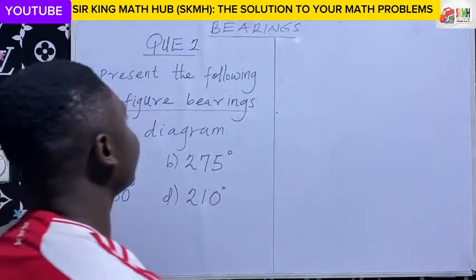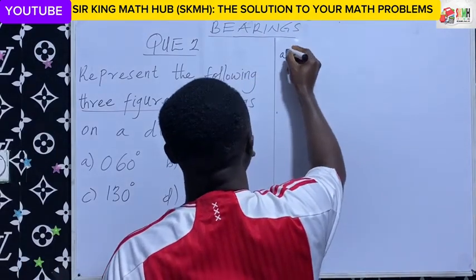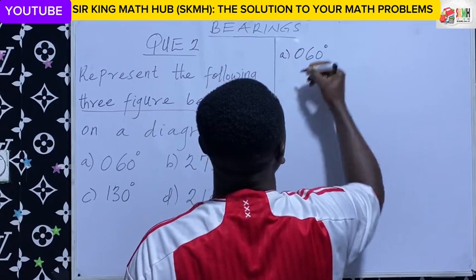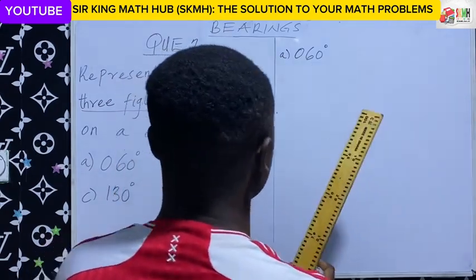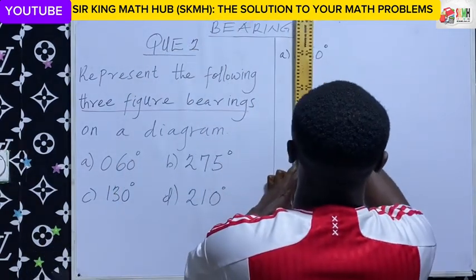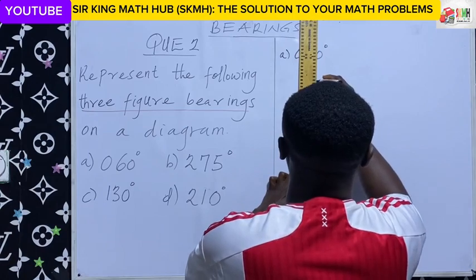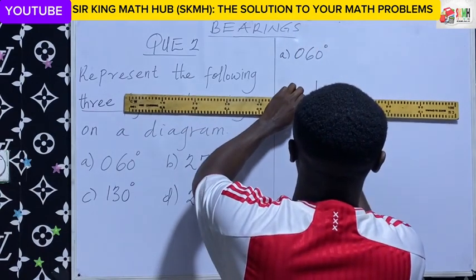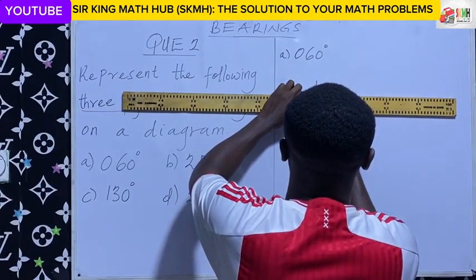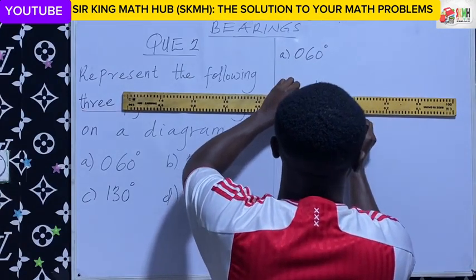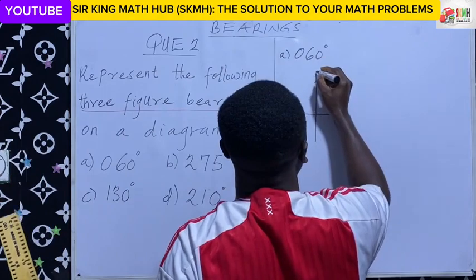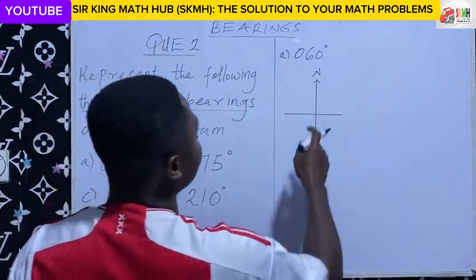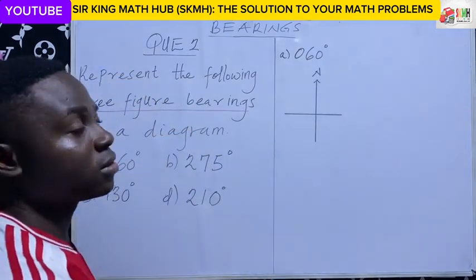So now, starting with the first one, we have to represent 60 degrees. First of all, we have to draw our cardinal points. At this time, the emphasis is only on the geographical north.